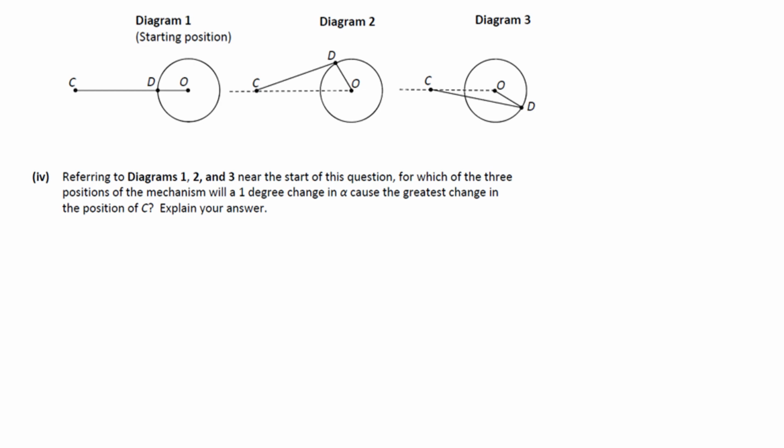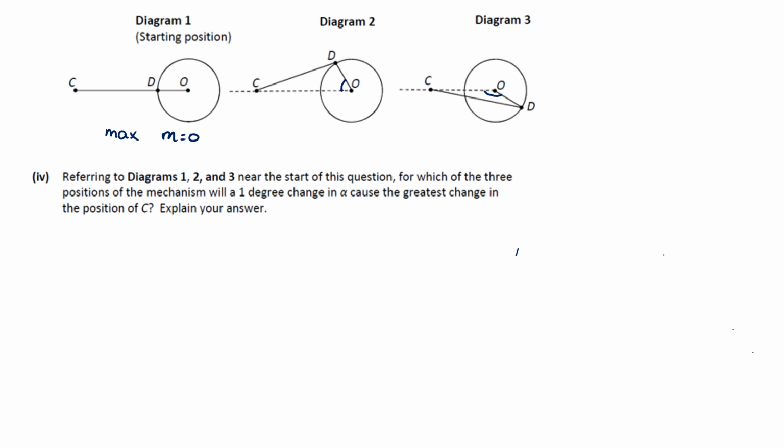Now we have here the max position, and that means slope is 0. We have then two scenarios here, 2 and 3. So where will there be, I suppose, the biggest change? So do we have where there is a little acute angle, or here we have quite a big obtuse angle?